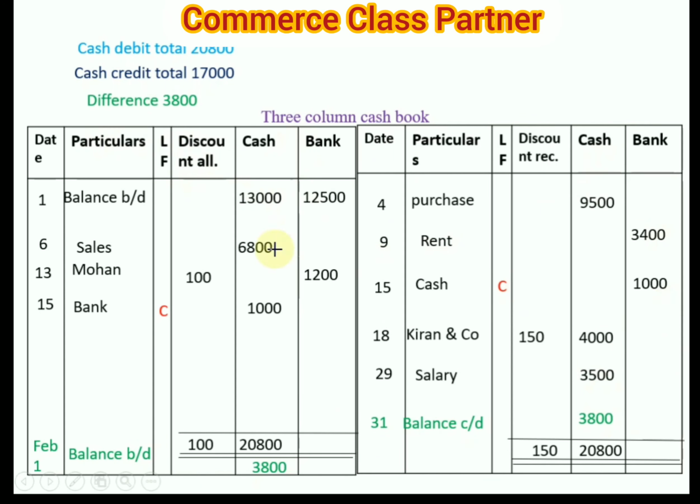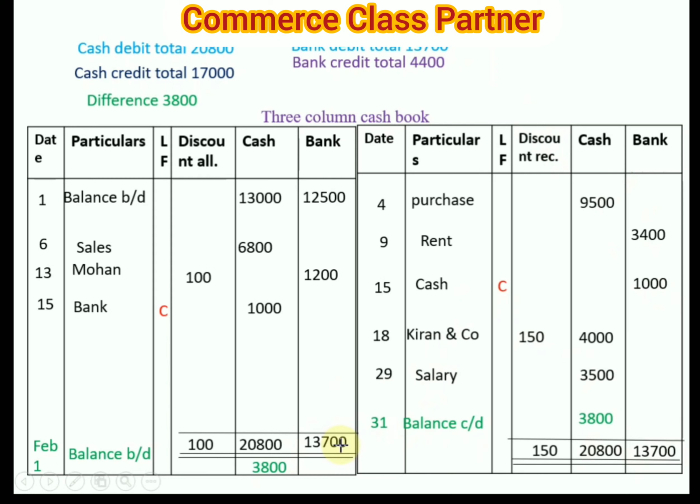Then we have to take the bank account. The bank account debit total, that means the total of these two items, is 13,700. The credit total, the total of these items, is 4,400. This is the larger amount, so 13,700 is written on both sides.